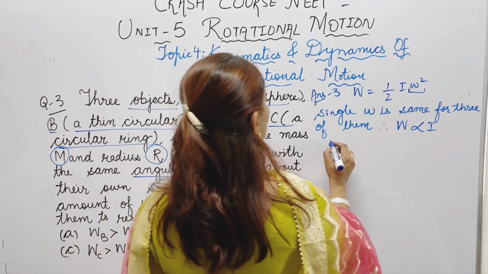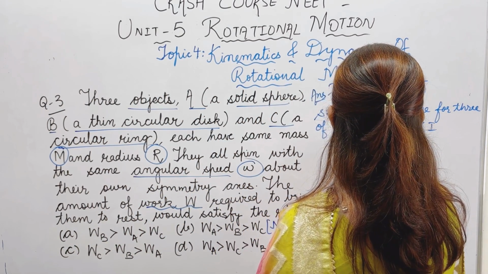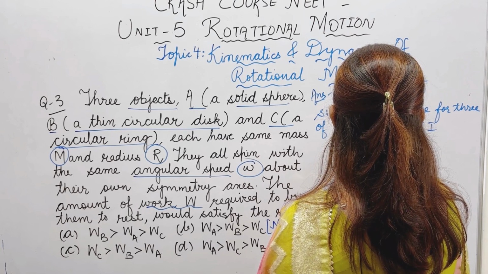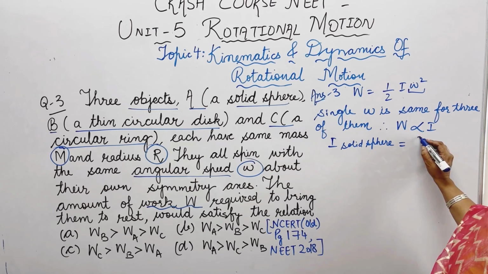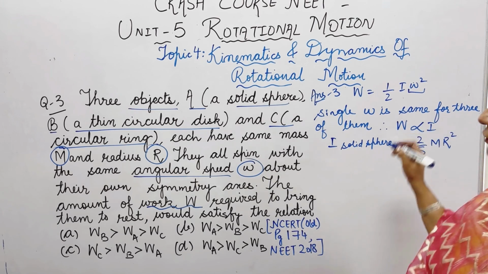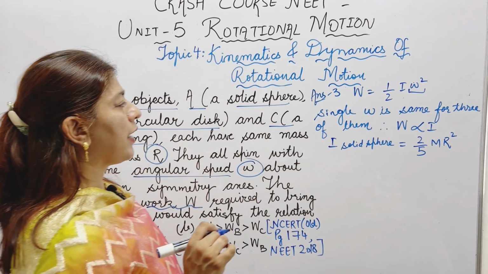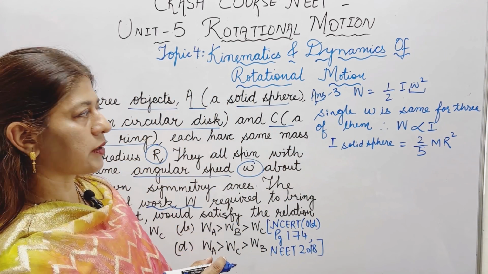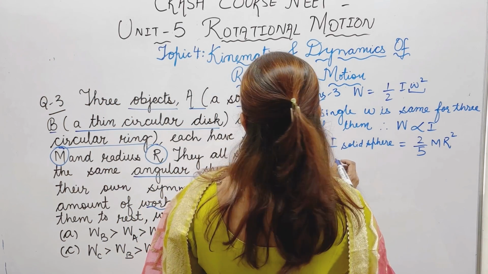The moment of inertia for a solid sphere is 2 by 5 of mr square. I have also given the list of moments of inertia and their values in the concepts before these questions, so you can refer to them.